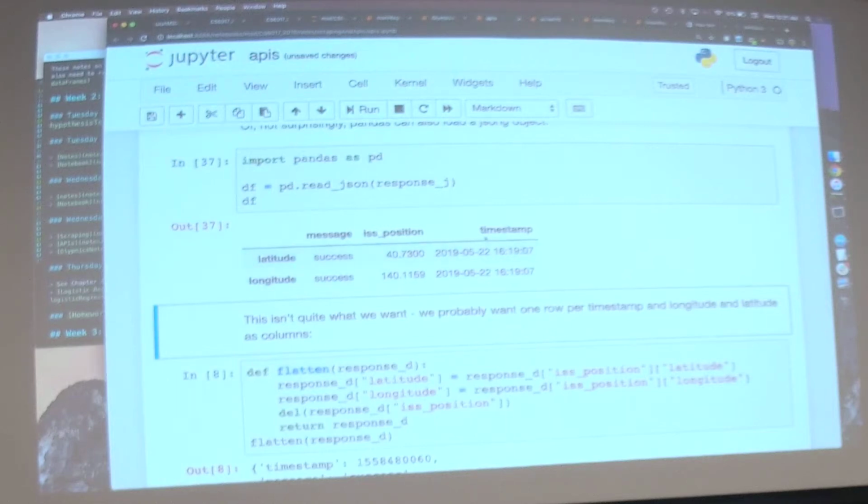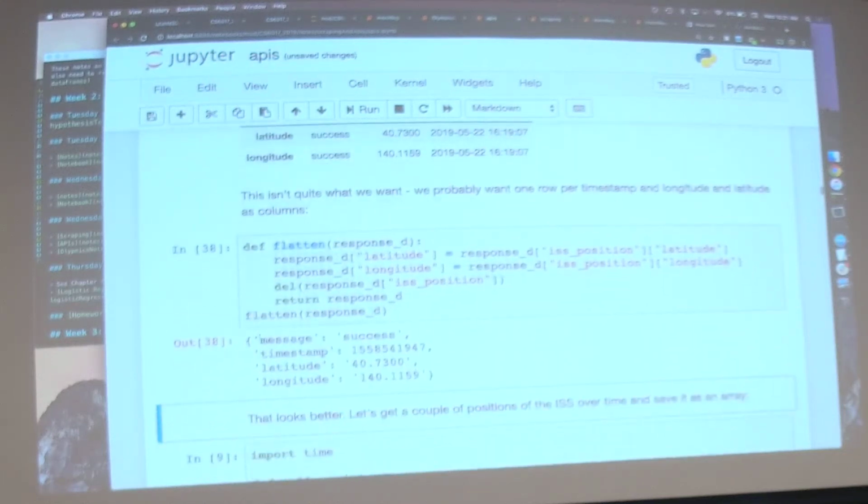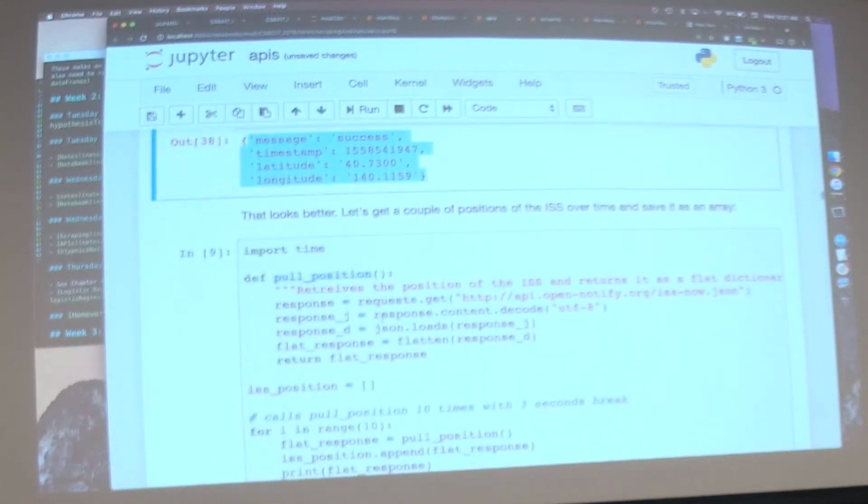And so it's kind of like maybe sideways. So we can reshape this into something like this, and then we can import that into a data frame. So it's much easier to manipulate a Python object than it is, you know, an HTML table or whatever.